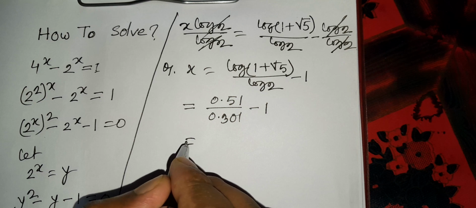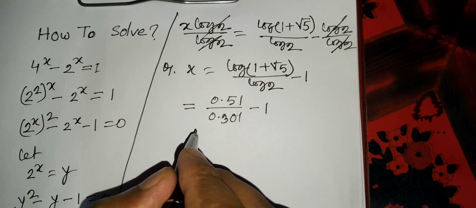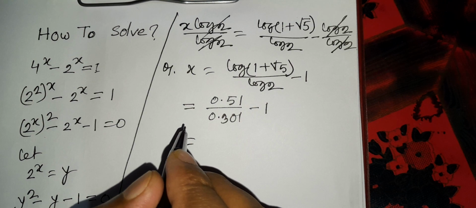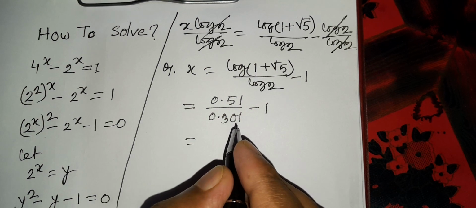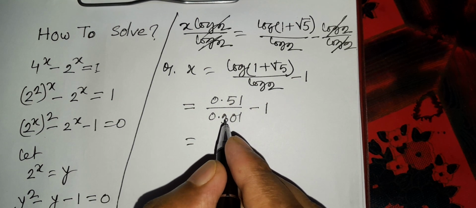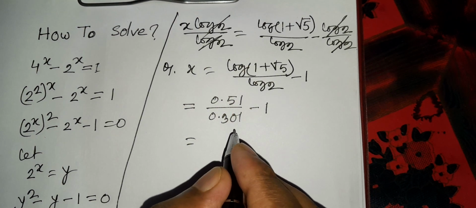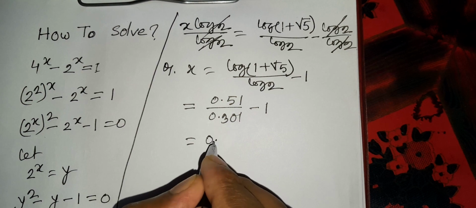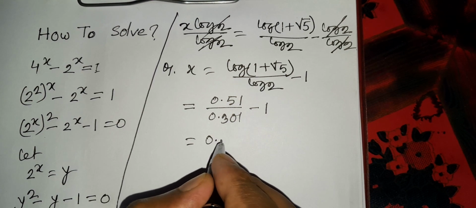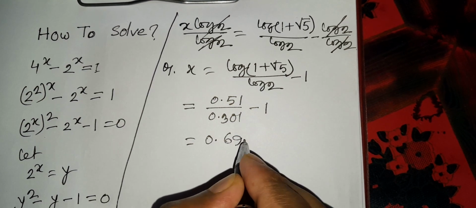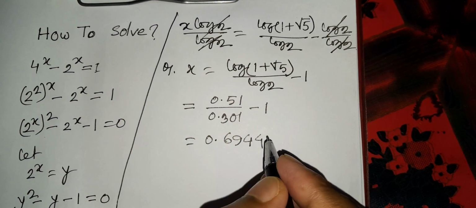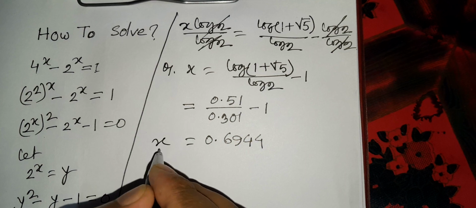So here it is calculated. We get 0.6944. Okay, it is the value of x.